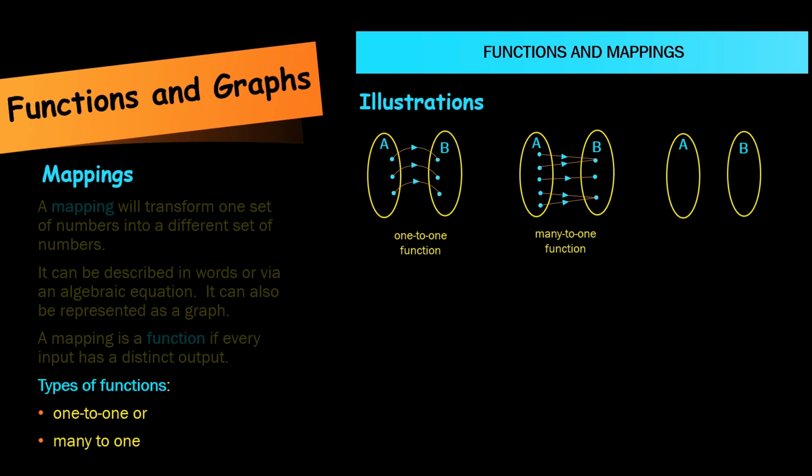We may have another scenario. So in this scenario, we may have one value in the set A mapping to two values in the set B. This is one-to-many, but it is not a function.